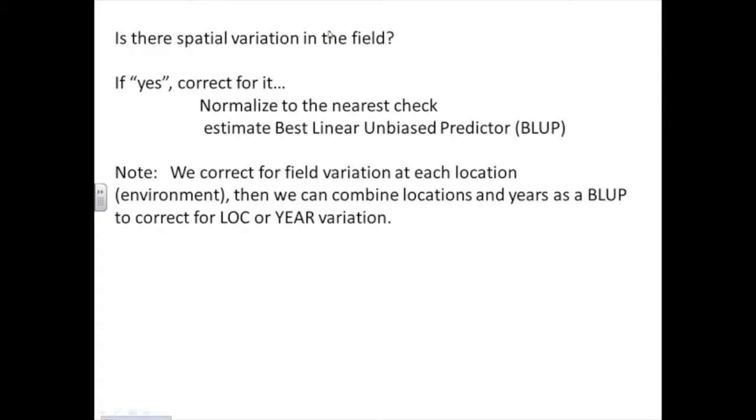The first question that we're going to ask is very simple. Is there spatial variation in the field? Okay? And if the answer to that is yes, we're going to normalize to the nearest check, or we're going to estimate a best linear unbiased predictor. So how do we address this question, is there spatial variation in the field?